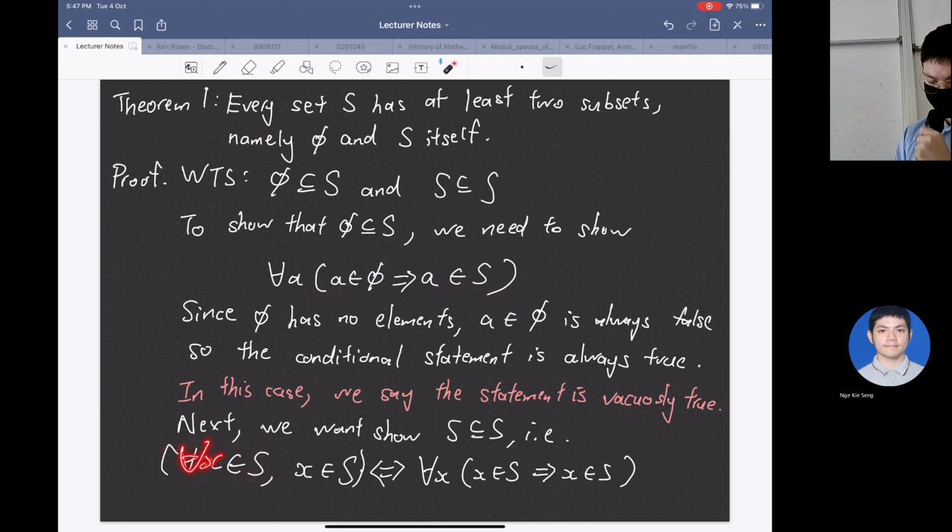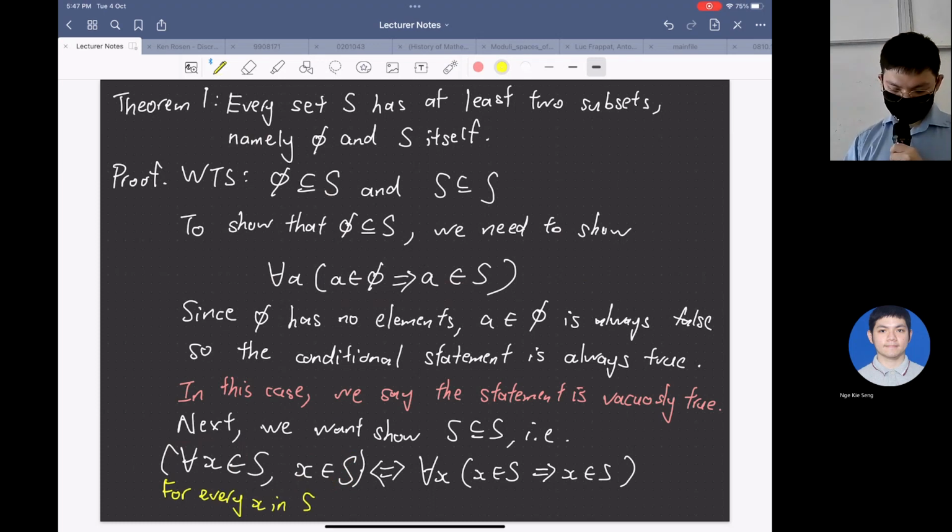So for every X, you need to tell me where the X lives first, and then the statement has to be in X. So in English, for every X in X, X is in X.